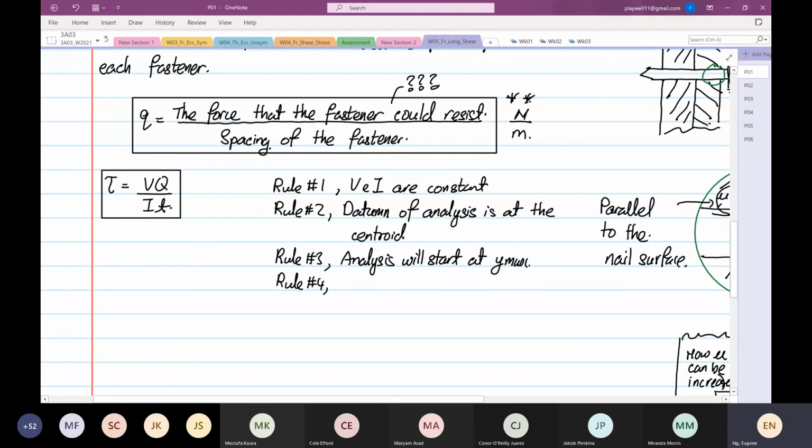Rule number 4 is first moment of area, where Q cannot cross over the centroid.